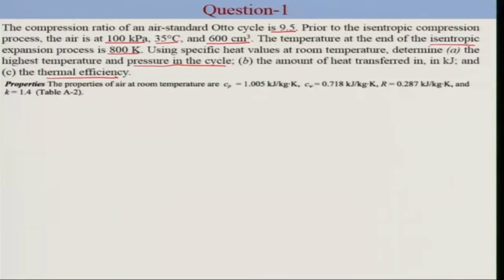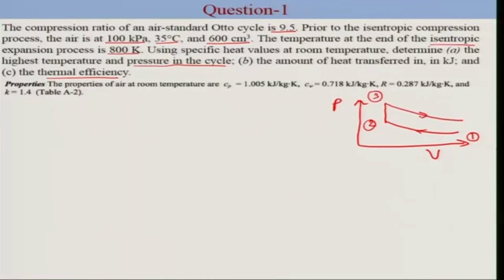So, if you see the whole process on a PV diagram, since it is an Otto cycle, the first process will be isentropic compression from state 1 to 2, followed by heat addition at constant volume from state 2 to 3, and then isentropic expansion from state 3 to 4 and heat rejection at constant volume.